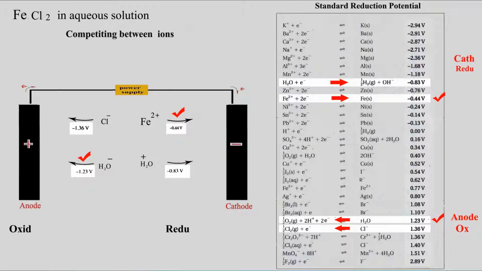And here you can see the winner is going to be water at the anode and iron at the cathode. So now you can write down the equation as below. Anode, water. Reduction at cathode, iron.